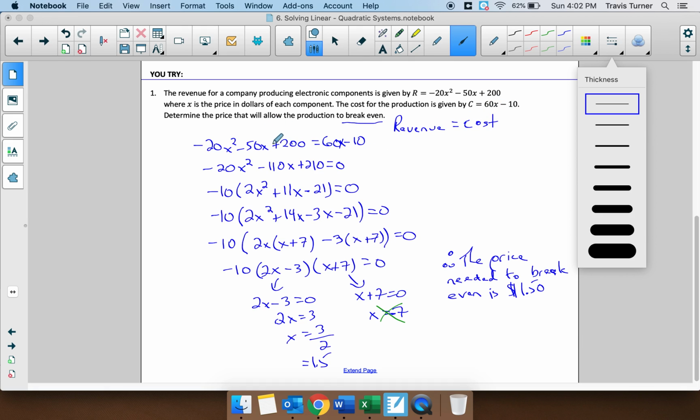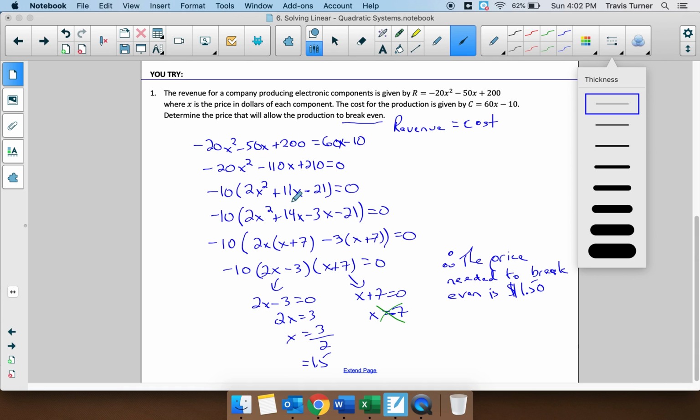If you do that, it's really the same as the other practice ones we did during the lesson. Set it up here, move everything to one side, and then if you can, we try to solve it by factoring, and this one does after you take a common 10 out. We've got this left over, so two numbers that multiply to give 2 times negative 21 and add to give 11.